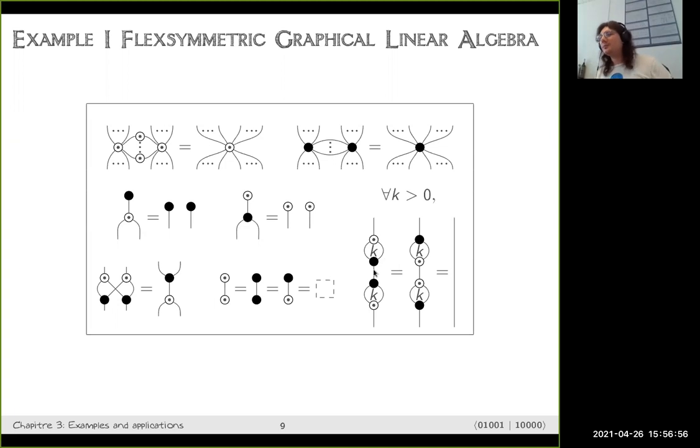But this is kind of technical graphical linear algebra stuff. Remind that for Q, for rational numbers, this axiomatization is complete. Correct me, Cole, if I say something wrong about graphical linear algebra.